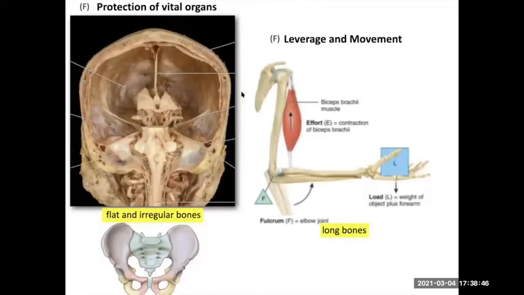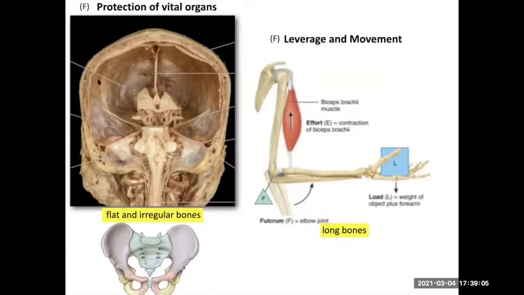As far as this, the long bones of your arm are typically these leverage and movement parts, where your two long bones are joined together in a joint. Then you have muscles spanning them, and you're creating this fulcrum area where you can move the body, right?